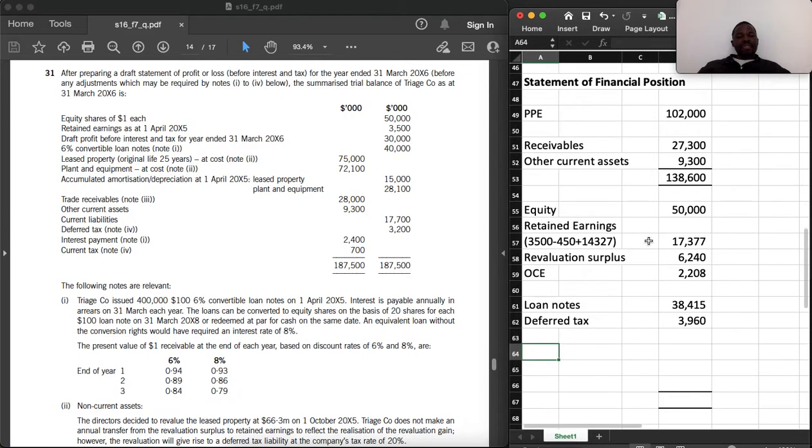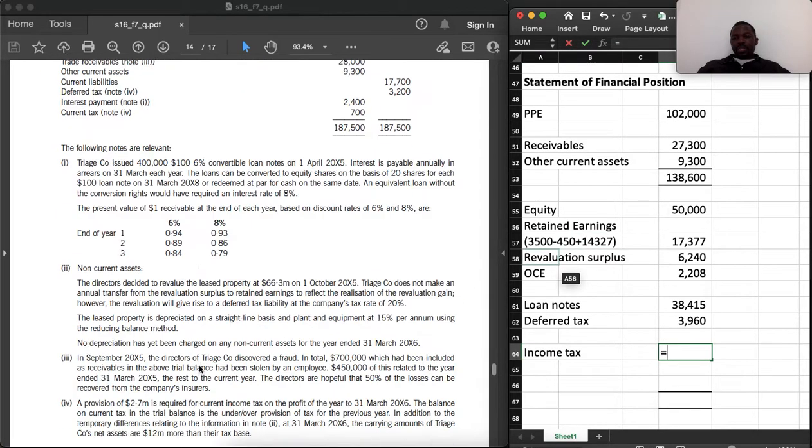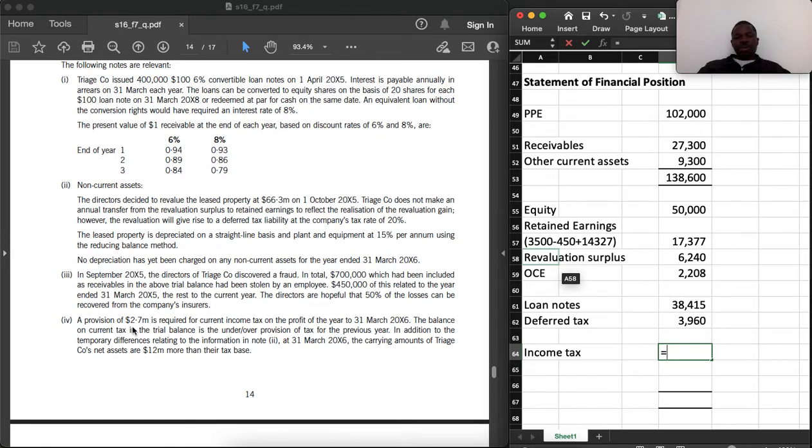Then we have now our current liabilities, which is the income tax provision. We take it from note number 4, that is 2,700.